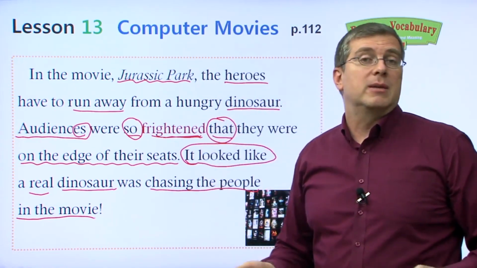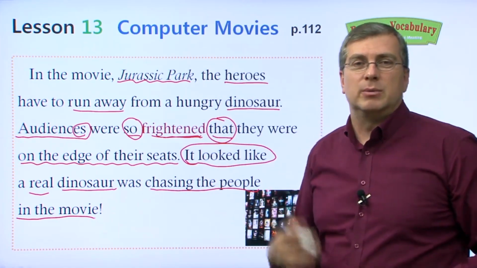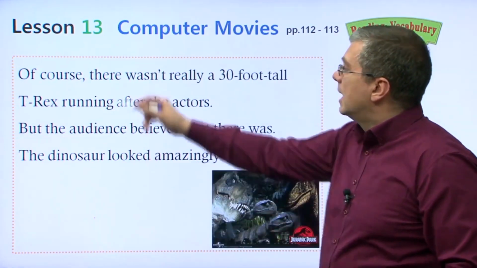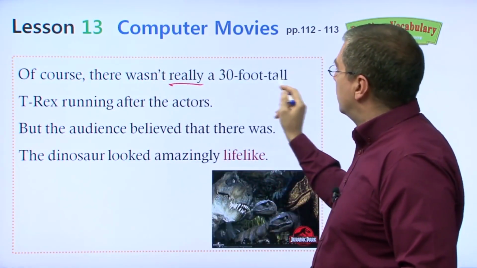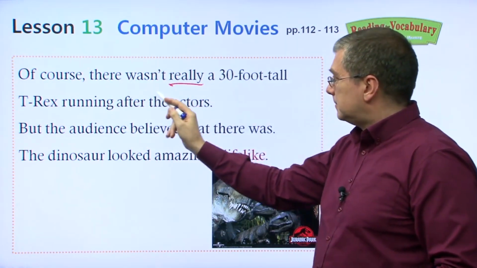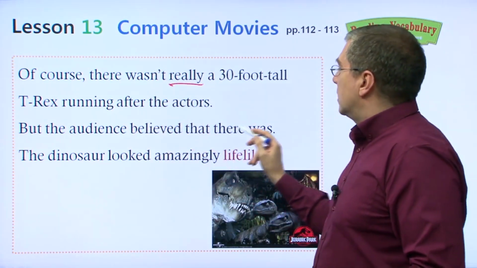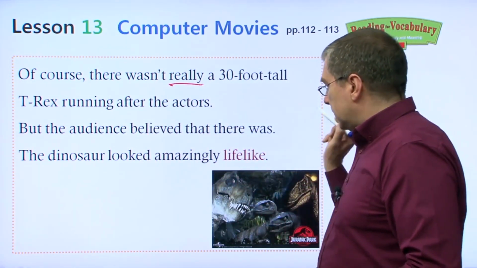It was a very amazing movie and it was all made possible, of course, by computer graphics. Of course, there wasn't really a 30-foot tall T-Rex running after the actors, but the audience believed that there was. The dinosaur looked amazingly lifelike.